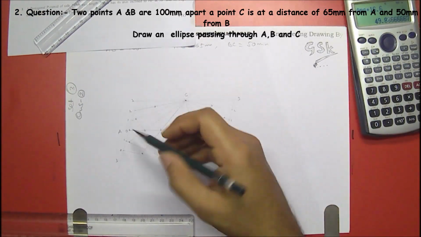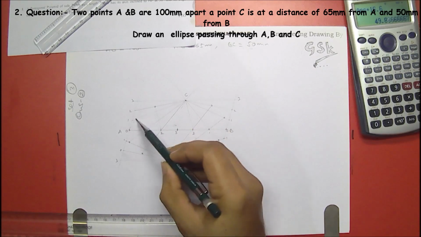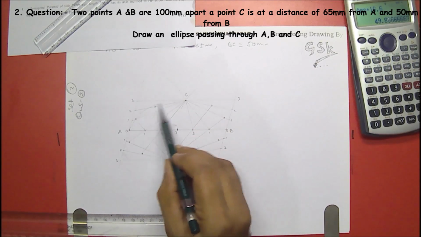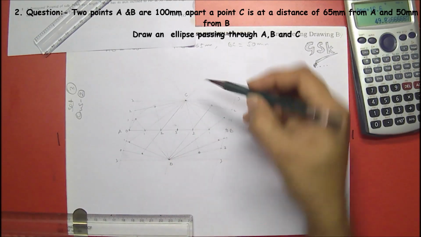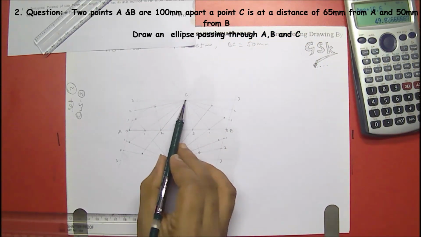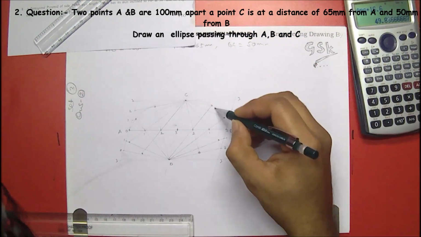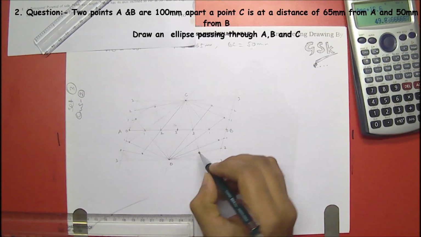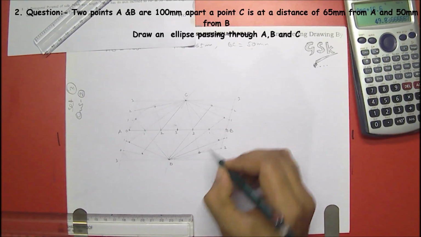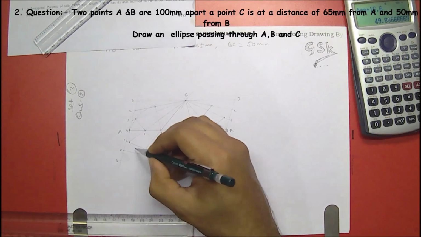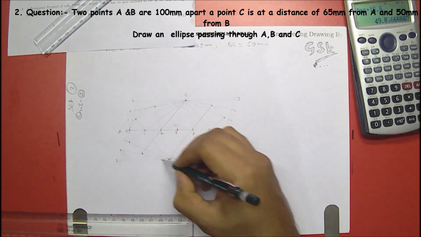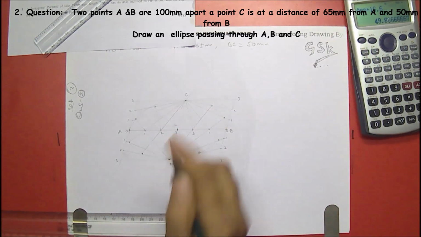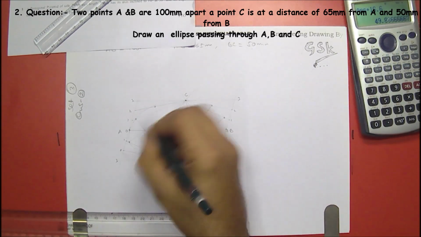Now you can draw a freehand stroke which joins all these points, or else you can use the French curves. Now if you are satisfied with this light stroke, then you can darken this one.